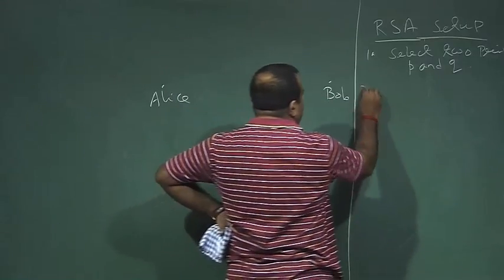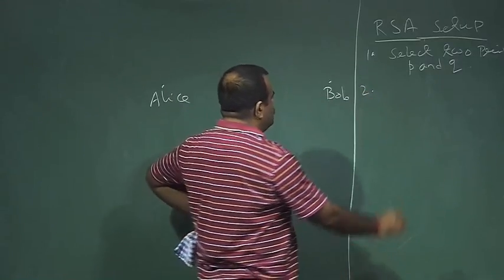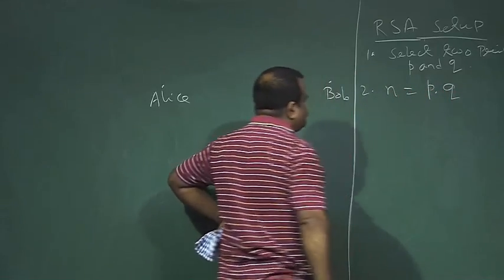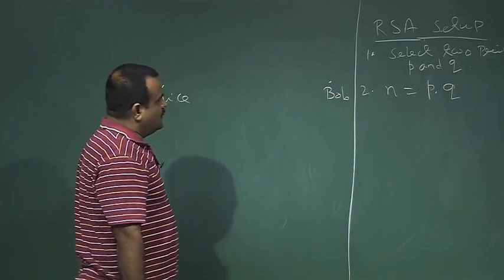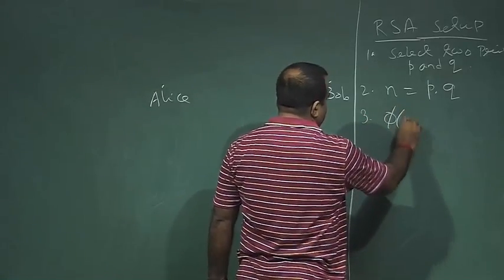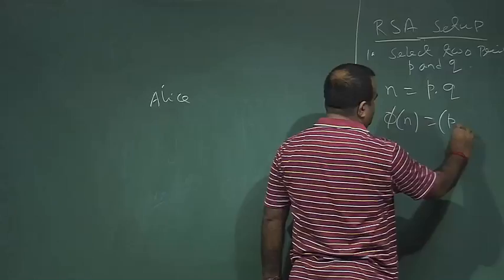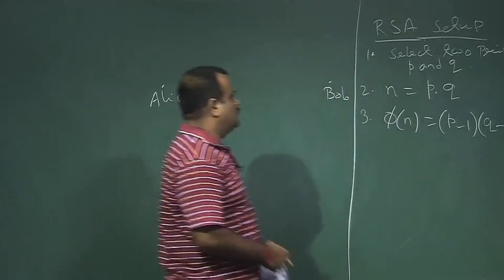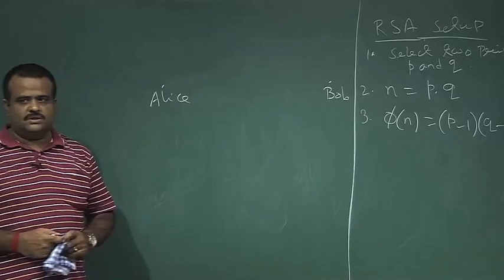Then Bob computes the product N equals P times Q, and then Bob computes phi of N, which is basically (P minus 1) times (Q minus 1).